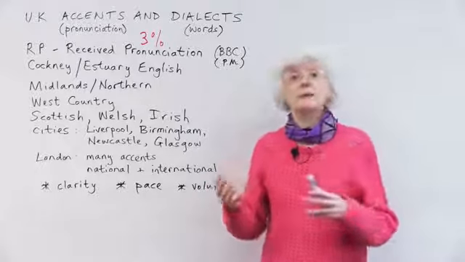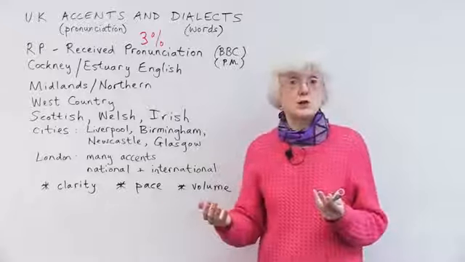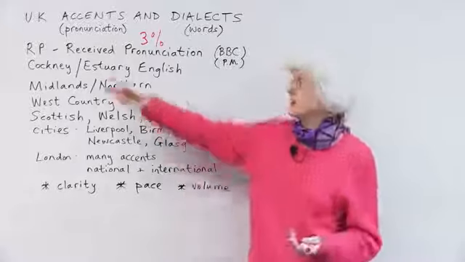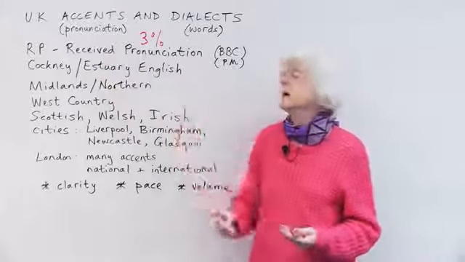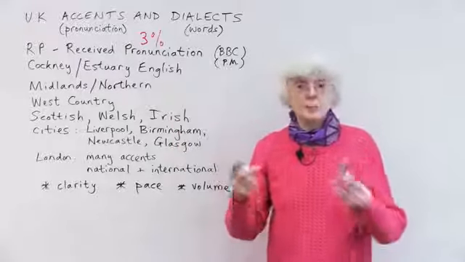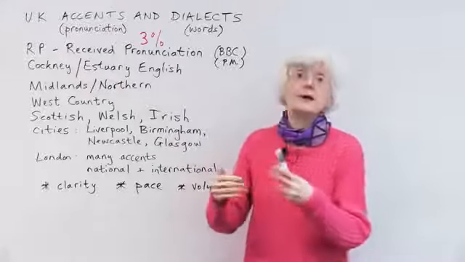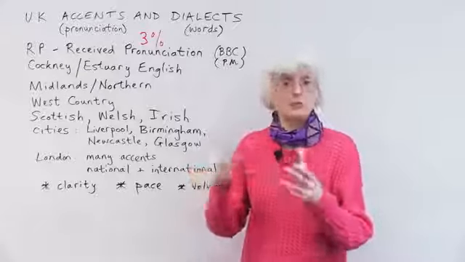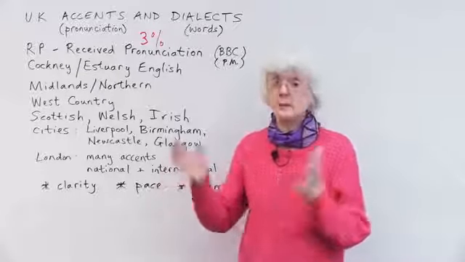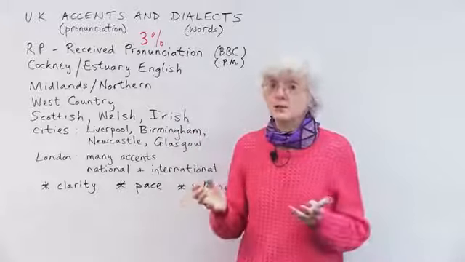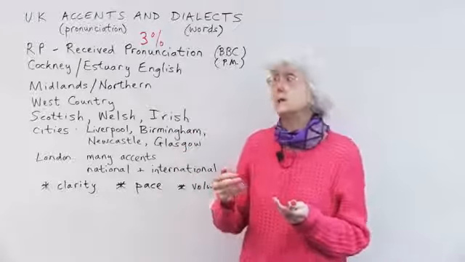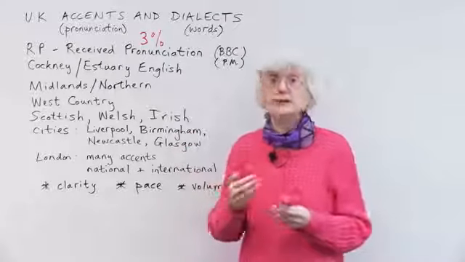So people who've been to Oxford and Cambridge universities often speak in RP. Even if they didn't speak in RP before they went to Oxford or Cambridge, they often change their accent while they are there because of the big influence of their surroundings and the people that they're meeting.